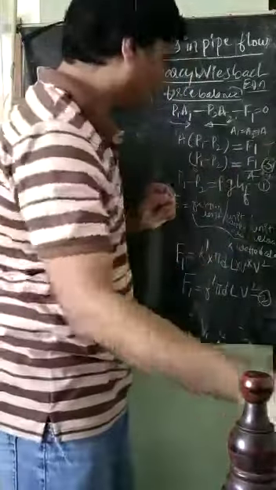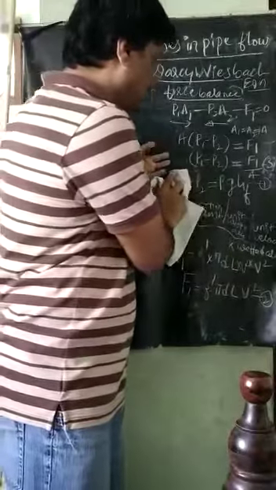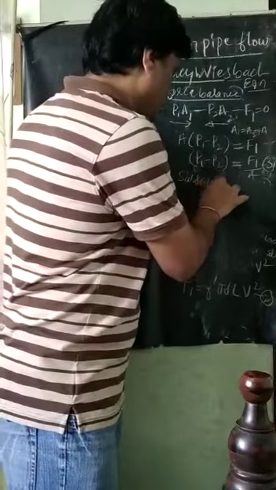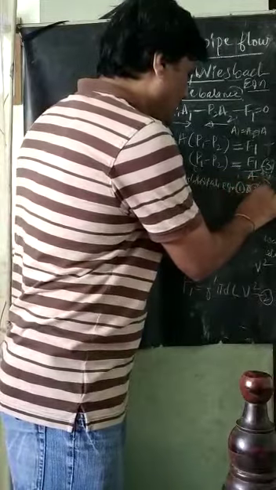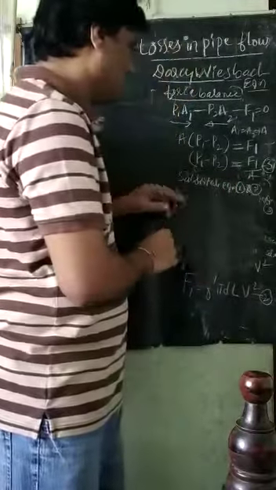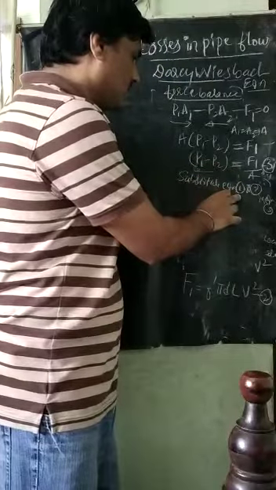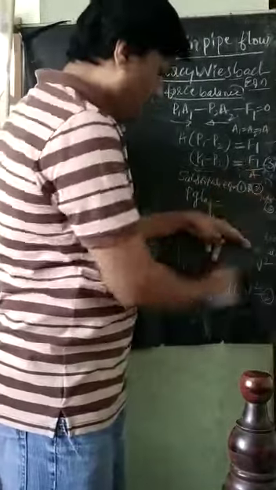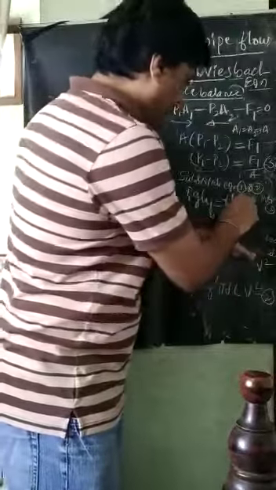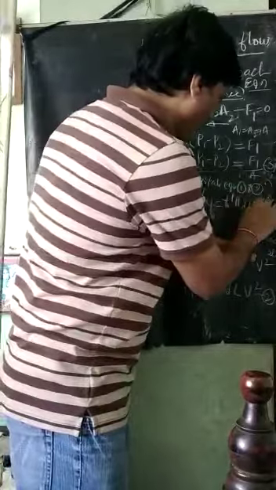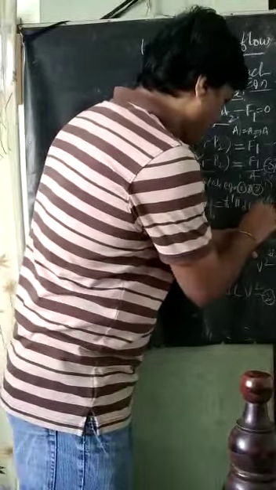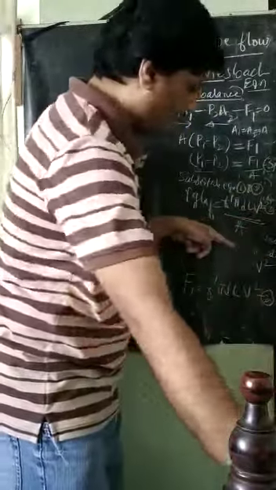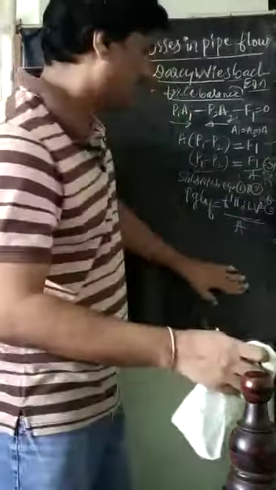What I am getting is P1 minus P2 from equation number 1, which is rho g hf, equal to F1, which is F dash pi dl into V square divided by area A. This is the equation we are getting.